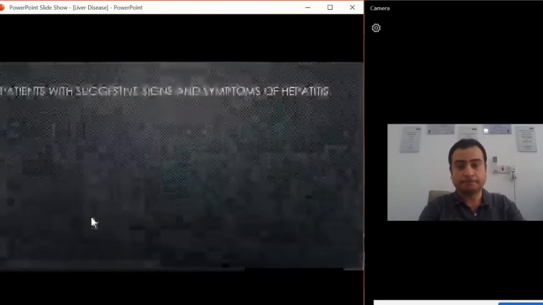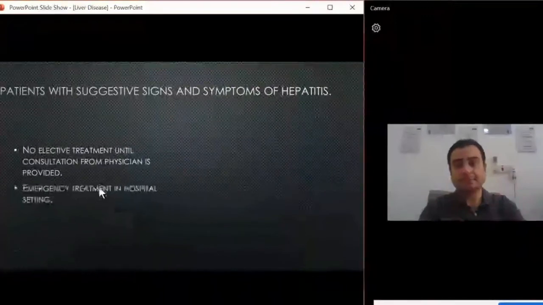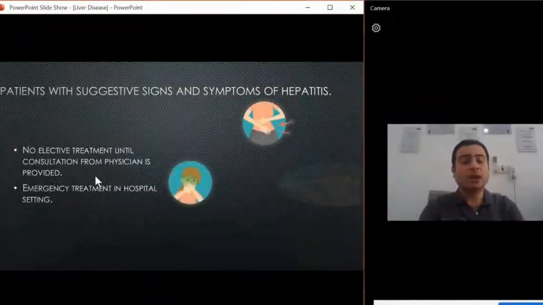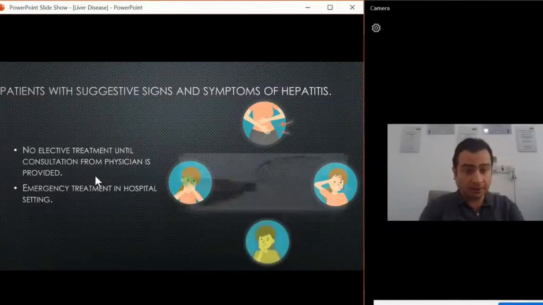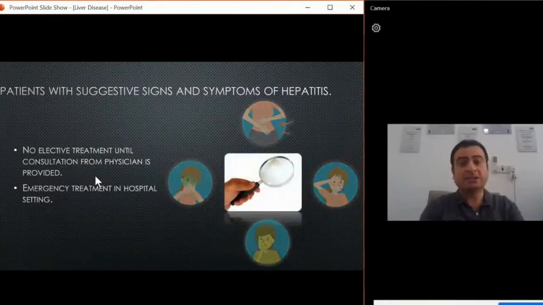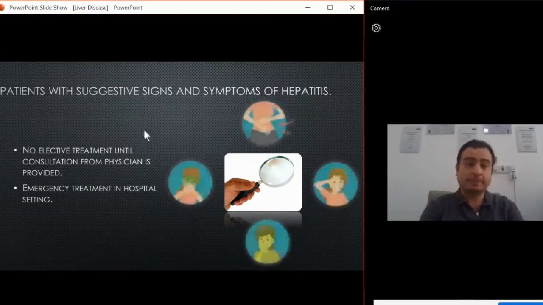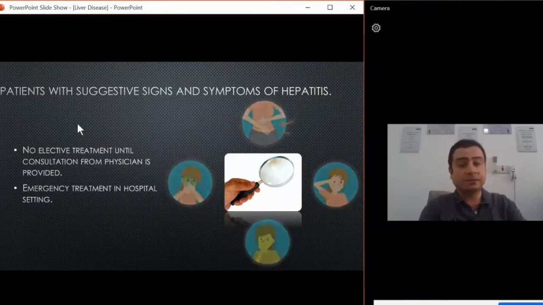If we have a patient in our clinic who has suggestive signs and symptoms of hepatitis, which include abdominal pain, nausea, vomiting, fever, and yellowish discoloration, jaundice. Okay, so no elective treatment until consultation from a physician is provided.